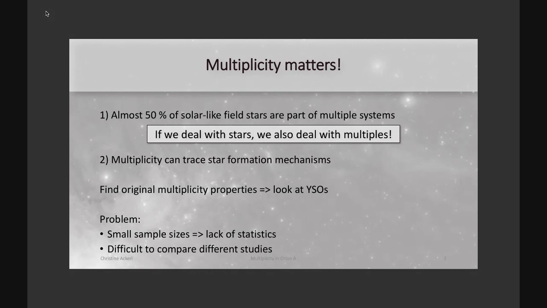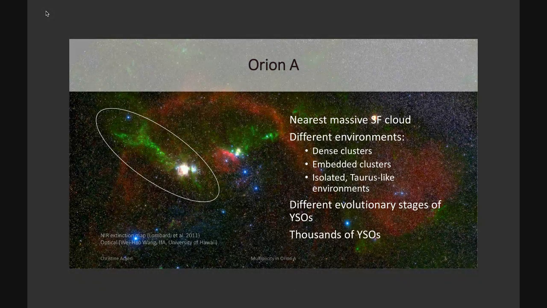So the solution for this is Orion A. You all probably know that it's the nearest massive star forming cloud, and it has very many advantages when it comes to multiplicity, because we have these different environments here where we can compare our results. So we have very dense regions, dense clusters, and also very loose associations and very isolated star forming events, all in one single star forming cloud.